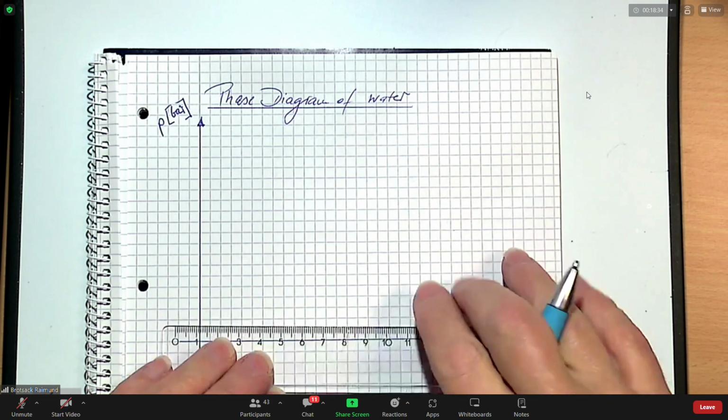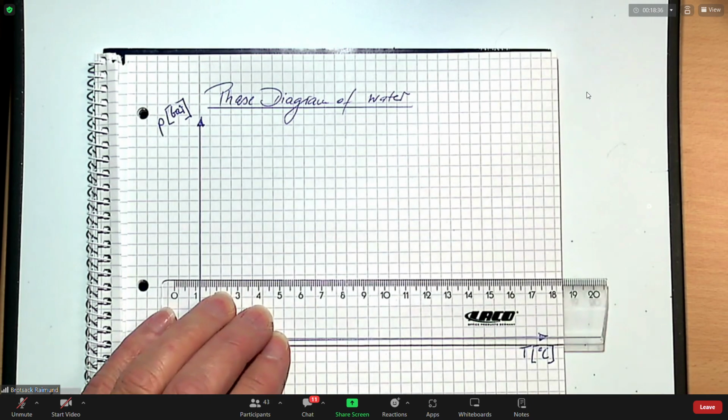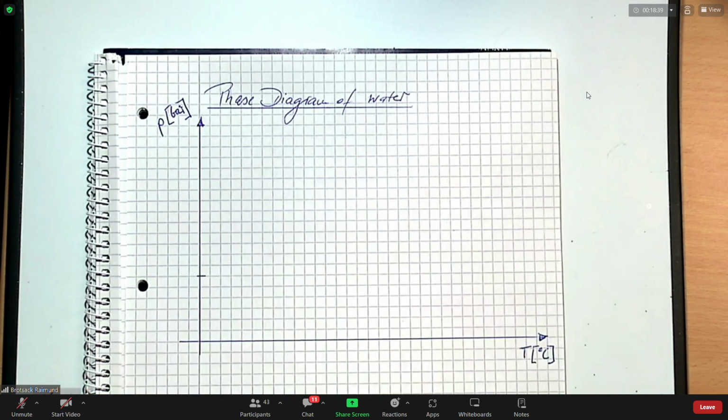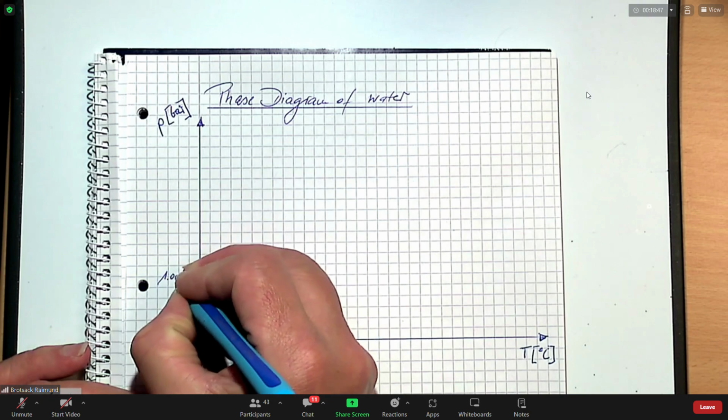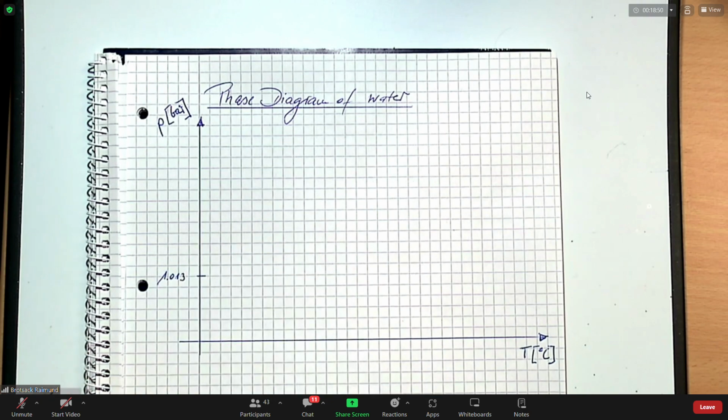We know a level of about 1 bar. It's not exactly 1 bar. It is 1.013 bar. This is the normal pressure at standard conditions.